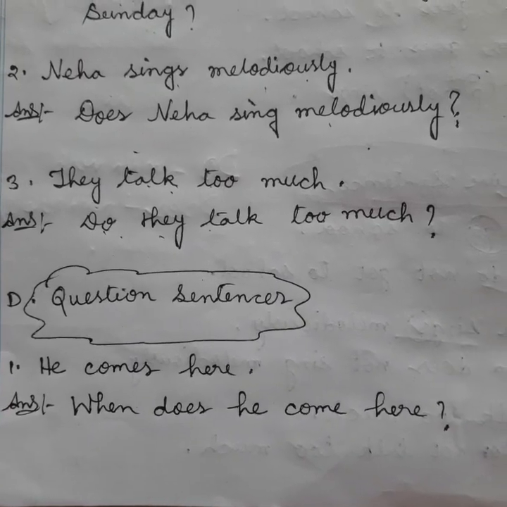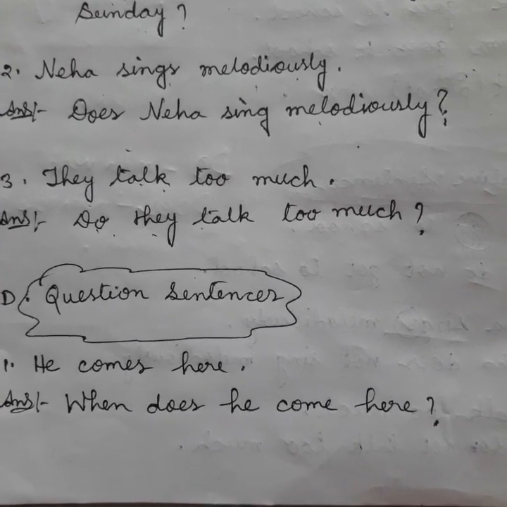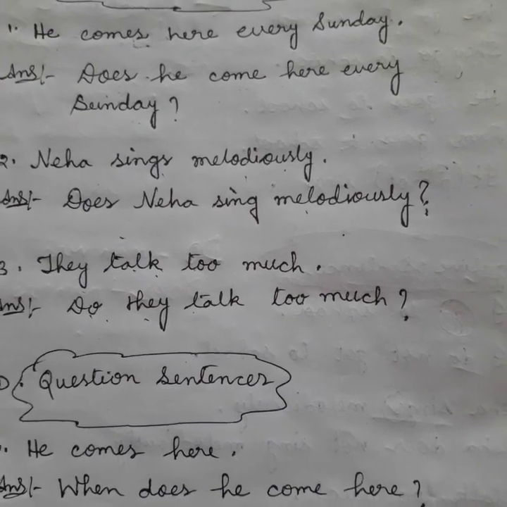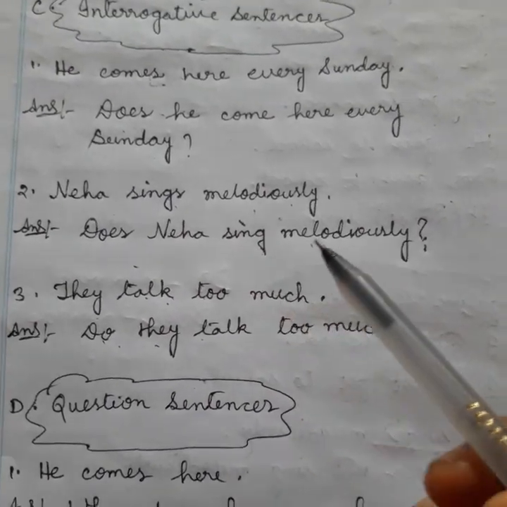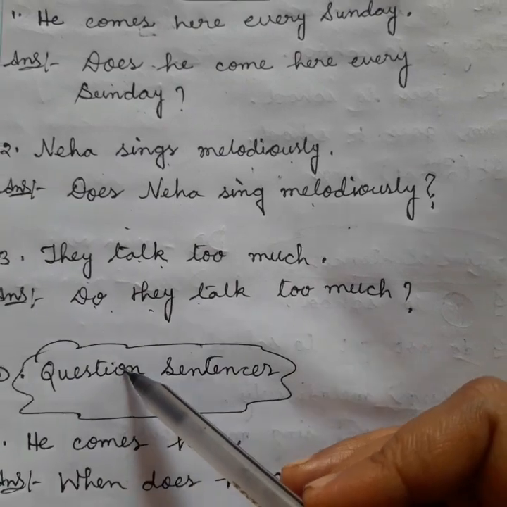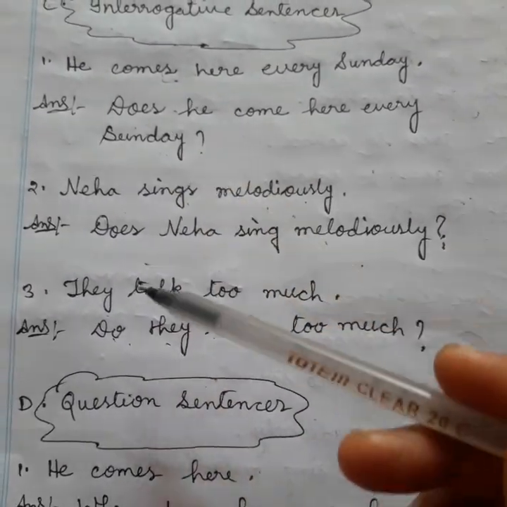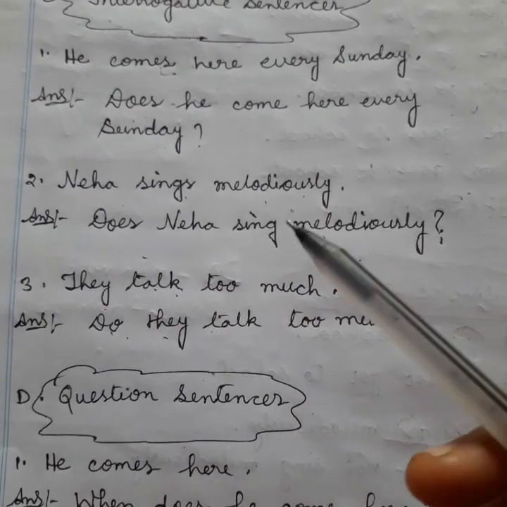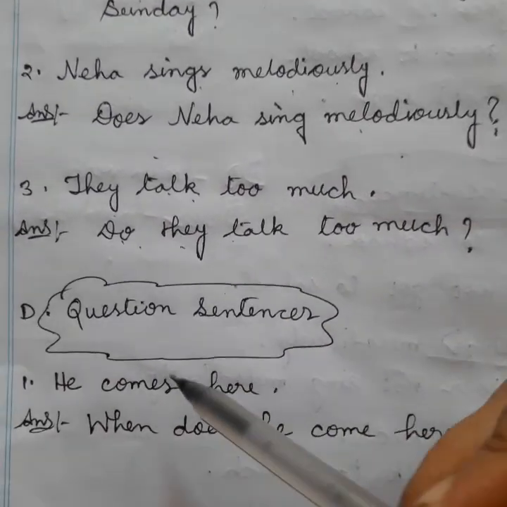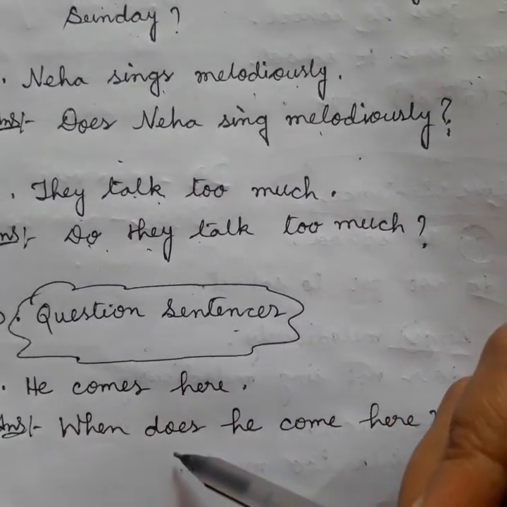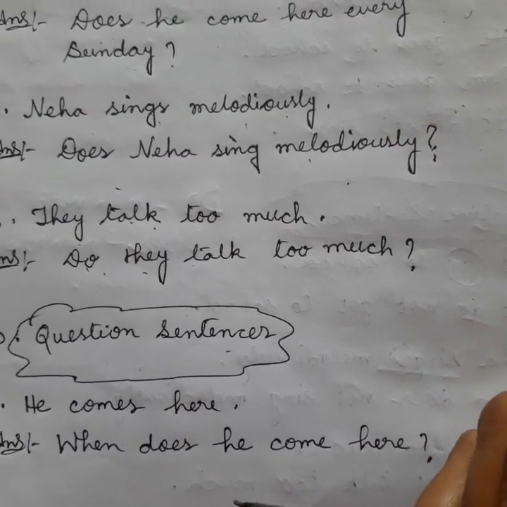Now next is question sentence. So the difference between question and interrogative sentence is, in case of an interrogative sentence, I have used does, or suppose in the sentence have or has is written, so I will use that only. But in case of a question sentence, you have to start the question with WH words. Fine.